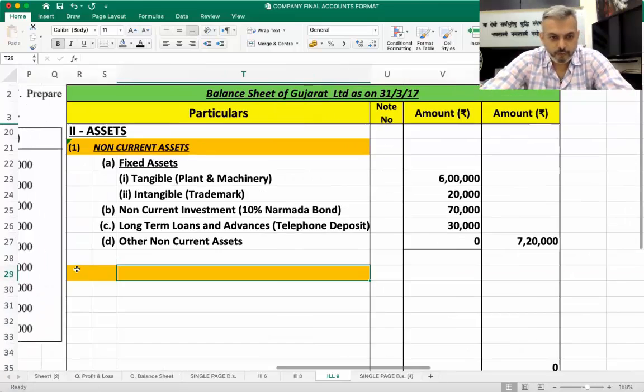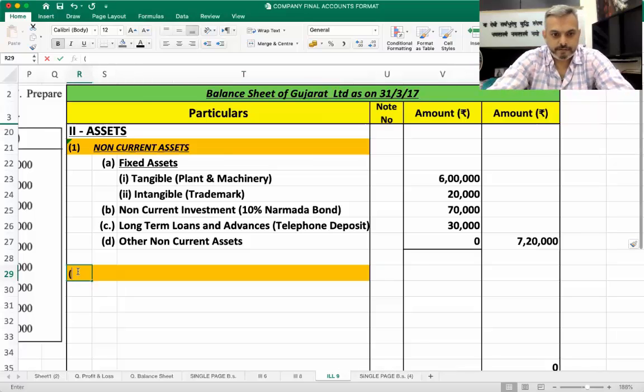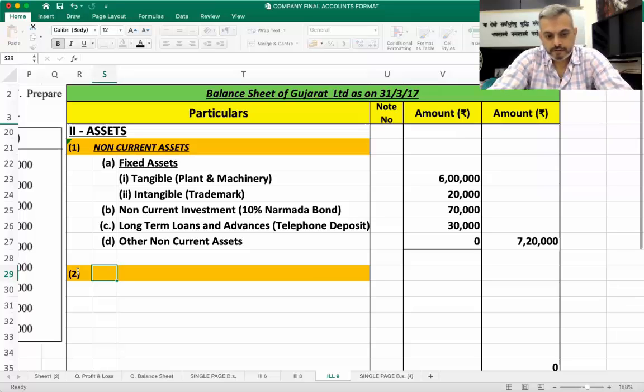Now non-current asset is over. Second, current assets.